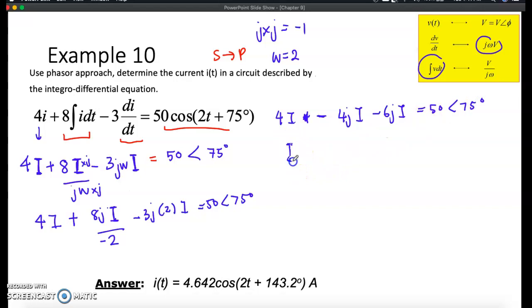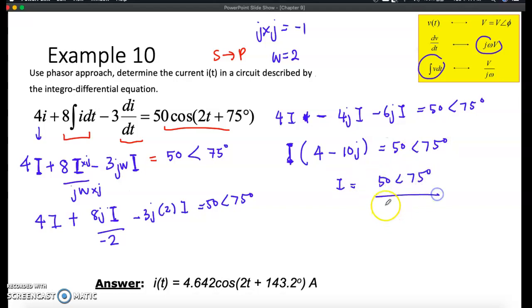Take out the I. So this is the phasor, right? Take out the I. 4 minus 10j is equal to 50 angle 75. And then finally you can get your I. You just divide by 4 minus 10j. This is a rectangular form, so you need to change to the polar form for you to divide.